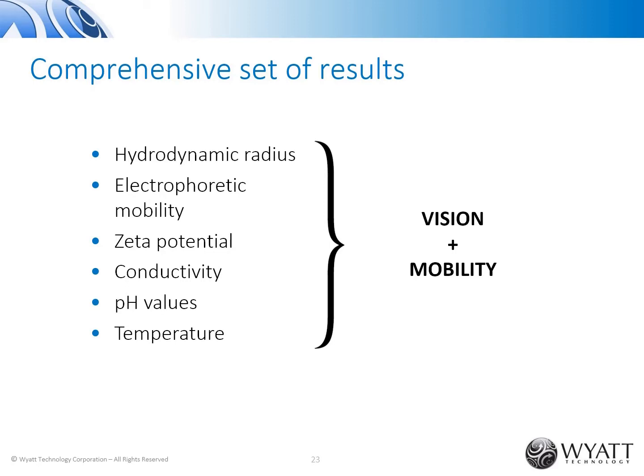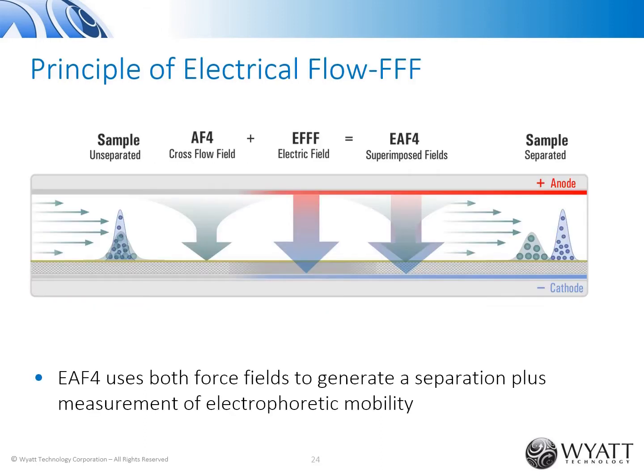Let's now move on to discuss how we can determine electrophoretic mobility by applying an electrical field in our channel. We call this method electrical flow-FFF. By adding 2 electrodes to the flow-FFF channel, we are able to apply an electrical field parallel to the crossflow.